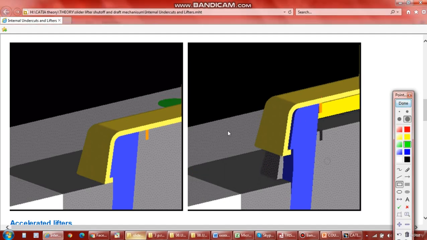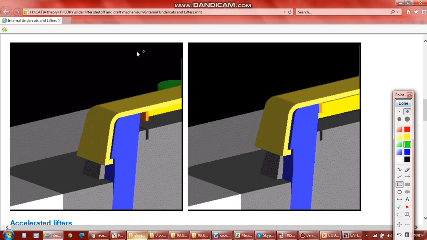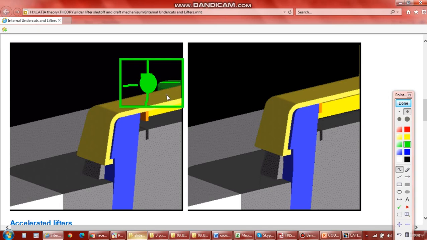Let me draw again. This is the pin, and for the pin, this distance should be 5 mm on this side, 5 mm, and 5 mm. So the diameter I'm considering here is 10 mm.